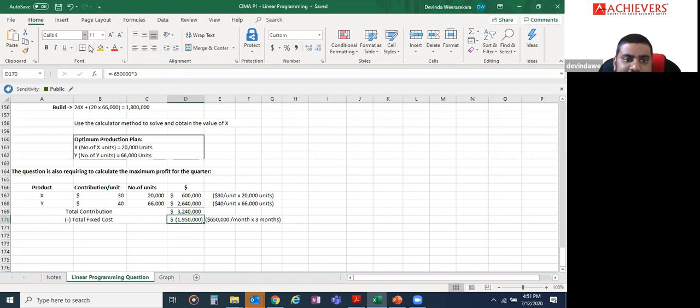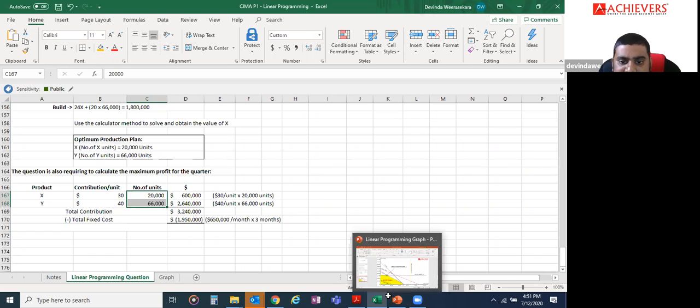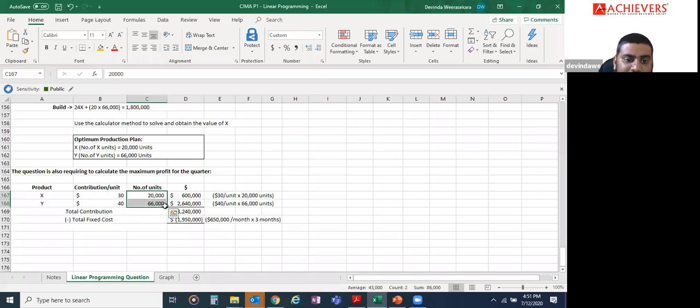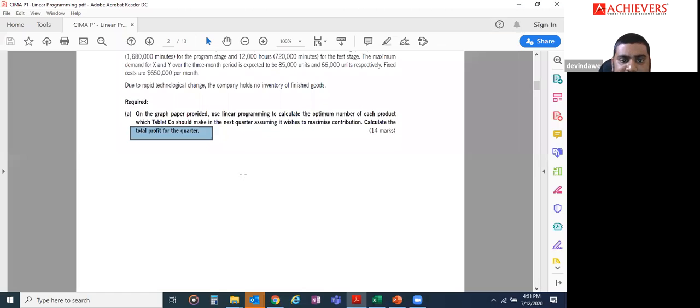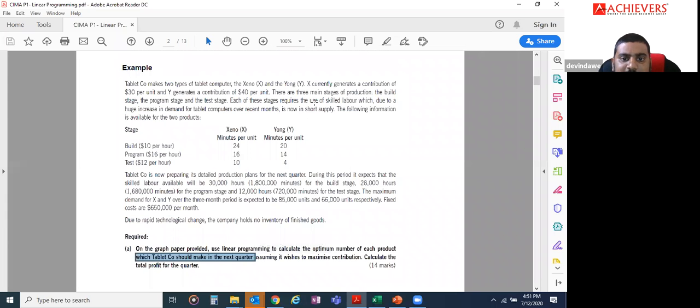Now, I'm sure most of y'all would have taken just 650,000, which is wrong. Read the question properly. 650,000 is only for 1 month, right? They are asking for the profit for 3 months, right? So this 20,000 units and 66,000 units is the sale for the entire quarter, guys, right? Understand that, not for the year or anything. Optimum number of each product which the tablet company should make in the next quarter, right? So all this information they have given is for the quarter.